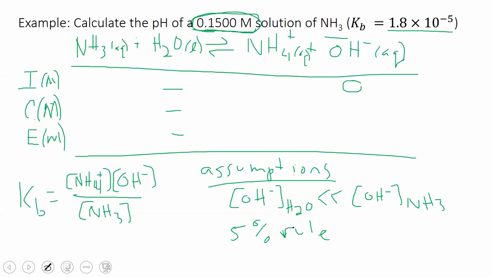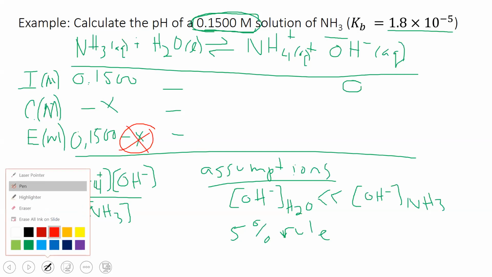So the 5% rule states that if we know the initial concentration of ammonia is 0.1500, and we know that for every ammonia that reacts, we lose some amount of it, then the equilibrium concentration of ammonia is 0.1500 minus X. And here the 5% rule says X is so small that we just get rid of it, okay? Just as a reminder of what that one is.